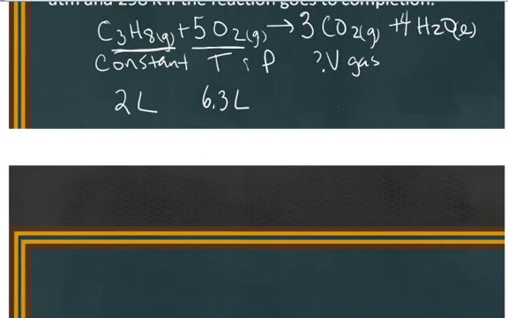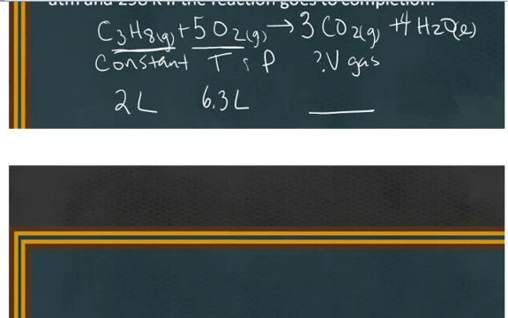And we need to figure out how much carbon dioxide gas. We're not going to worry about the water. So what we need to do next is recognize that we have different amounts of the 2 reactants, and in order to figure out how much product is made, we have to decide what the limiting reagent is.